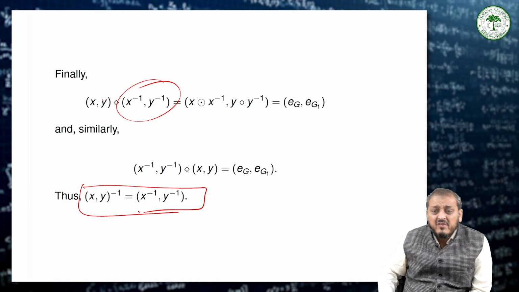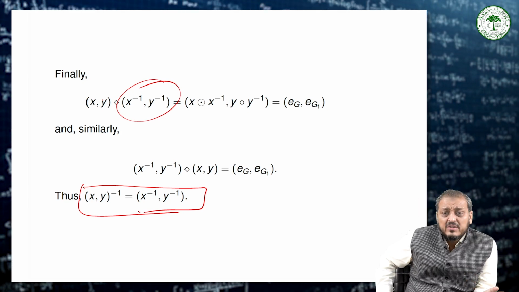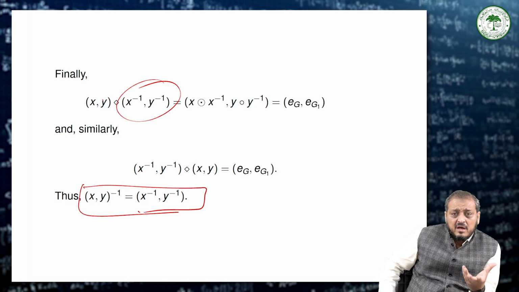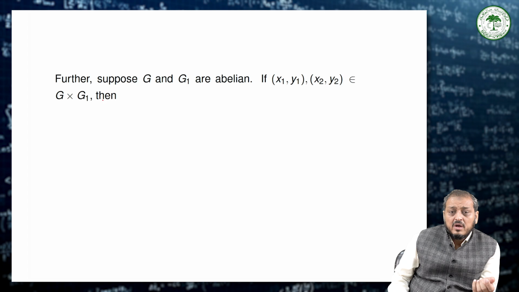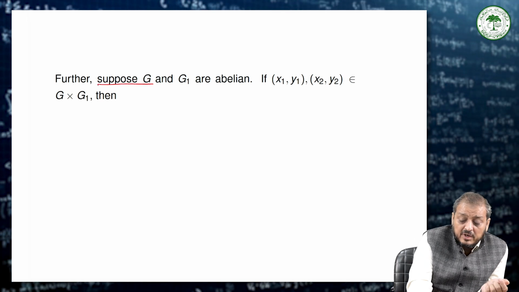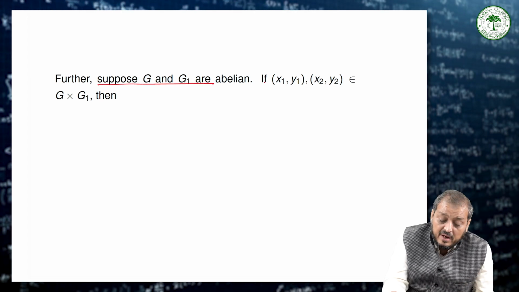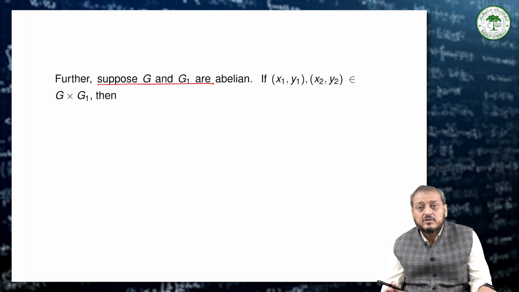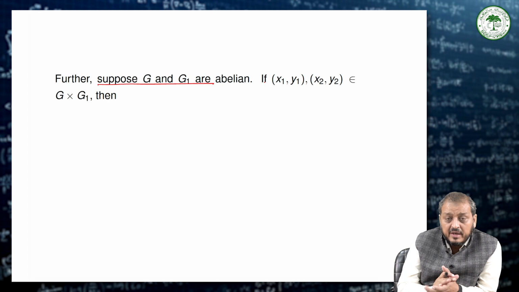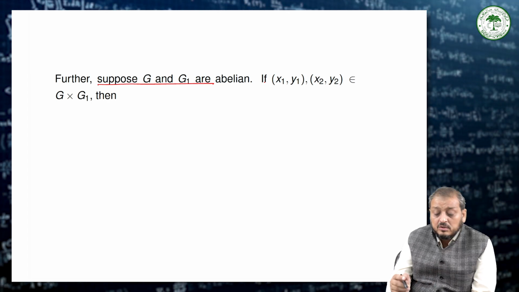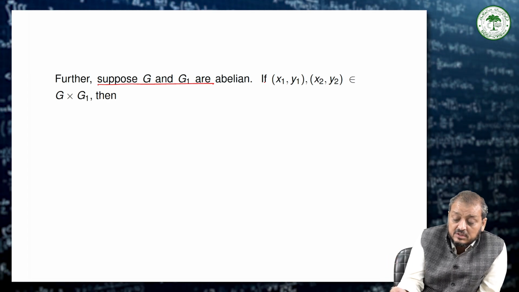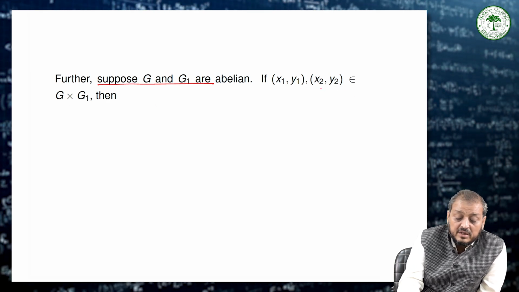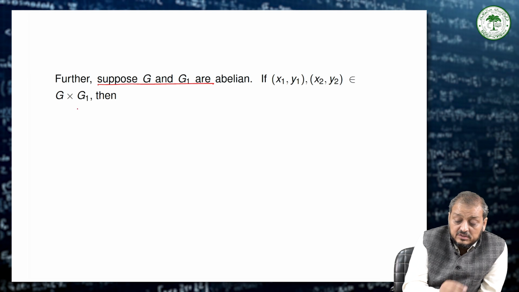Now we have to show that if these two groups G and G1 are abelian, then this direct product is also an abelian group. Suppose G and G1 are abelian, and we try to show that the direct product of these two groups is again an abelian group. So we take (x1, y1) and (x2, y2) as elements of G cross G1.